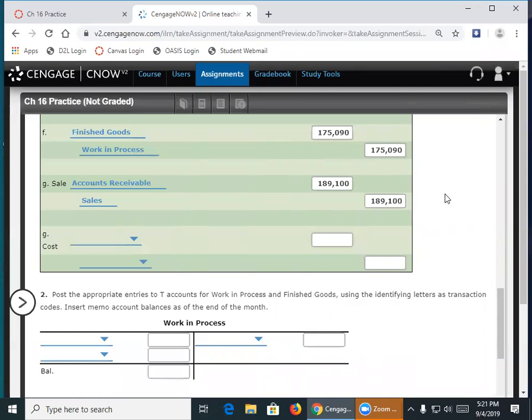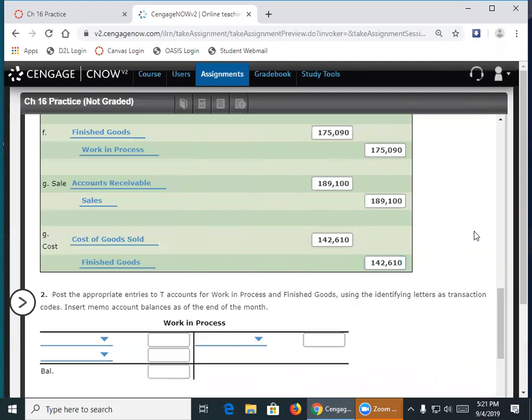So cost of goods sold gets debited and finished goods gets credited. I know we're running low on time, so I'm just going to fill in the rest of this real quick, and then talk about one other thing if we have time.